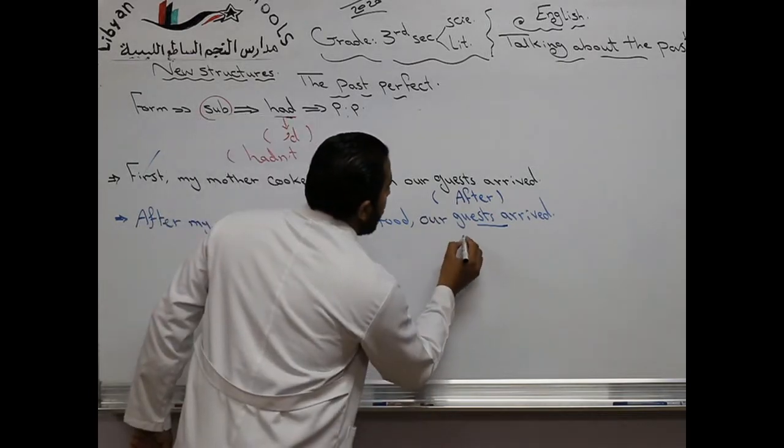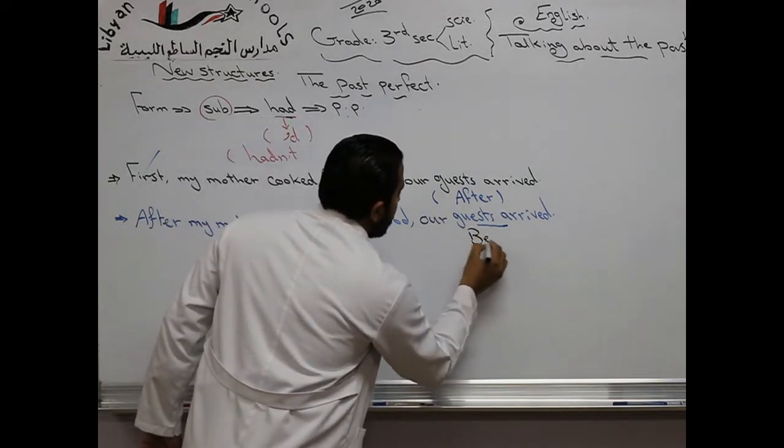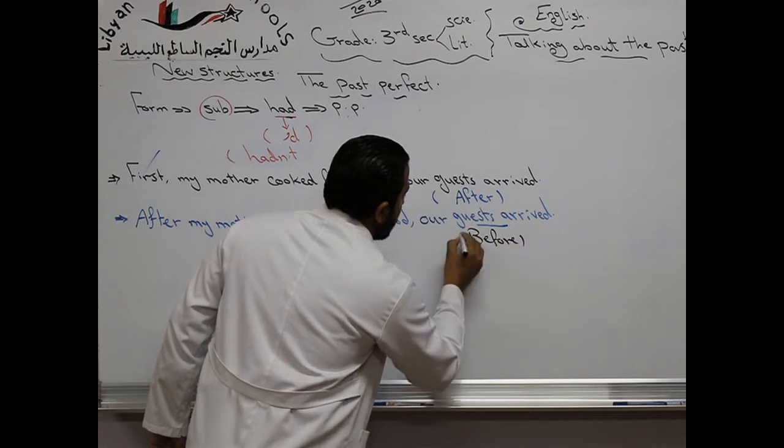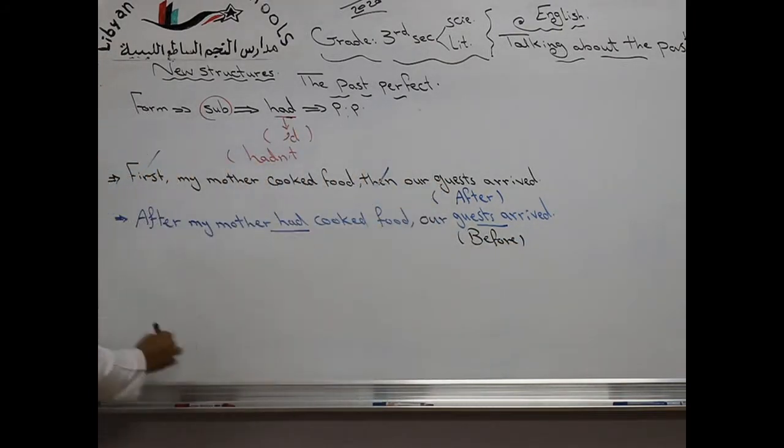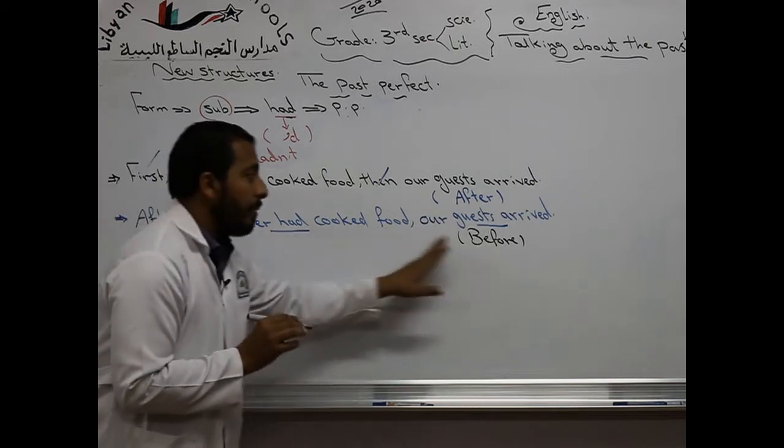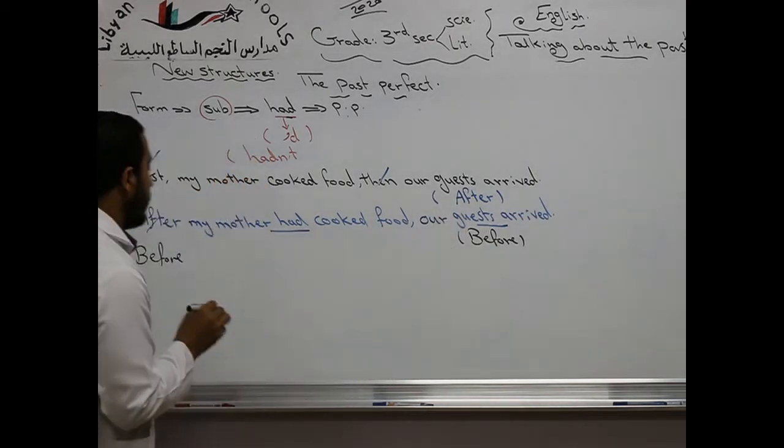How can we use before? Before is the opposite of after, so when we want to use before, we drop after. After is followed by past perfect, then past simple, but before is the opposite.